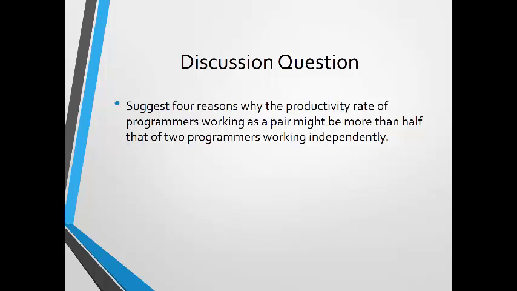Price et al. have an article entitled, Are 2 Heads Better Than 1 for Software Development? The Productivity Paradox of Pair Programming, and that's in the MIS Quarterly from 2009.